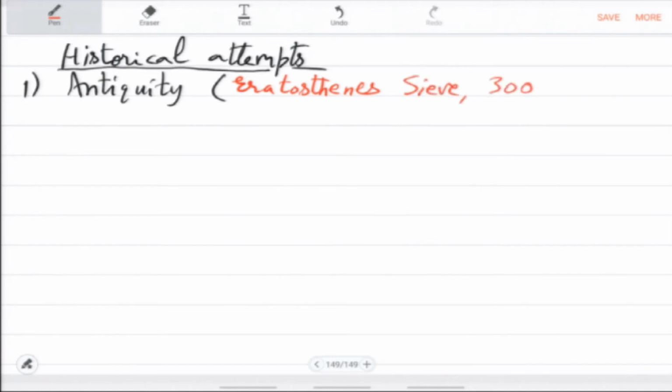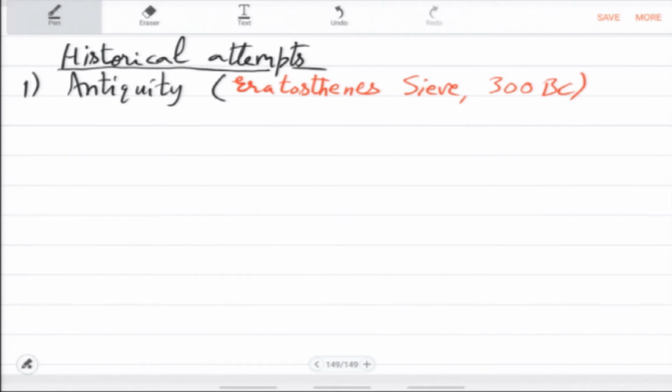So what is the history behind this question? So very old methods, from the antiquity, so Eratosthenes' sieve from 300 BC. This is essentially by the definition of prime numbers, right?